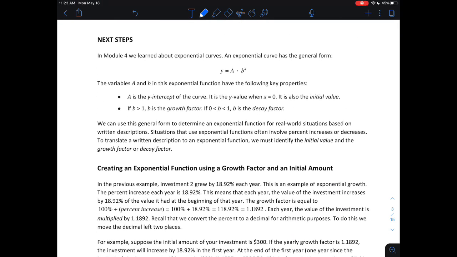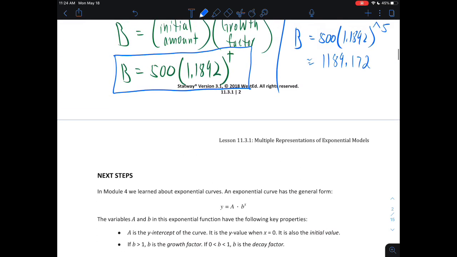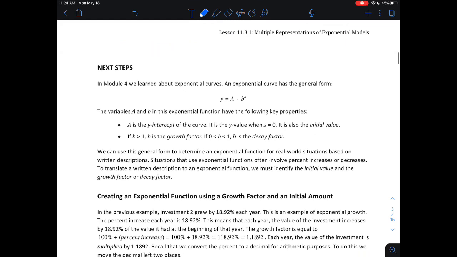So now next steps. In Module 4, we learned about exponential curves. An exponential curve has the general form y is equal to capital A times a number b raised to the power x. That's exactly the same form as what we just had in number 4. The variables a and b in this exponential function have the following key properties.